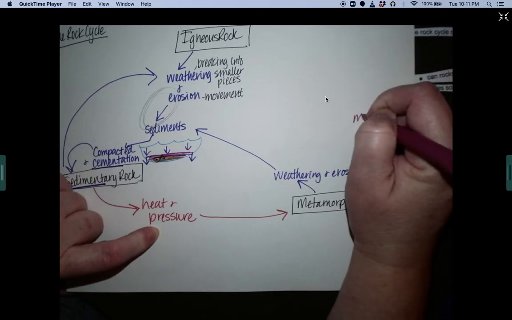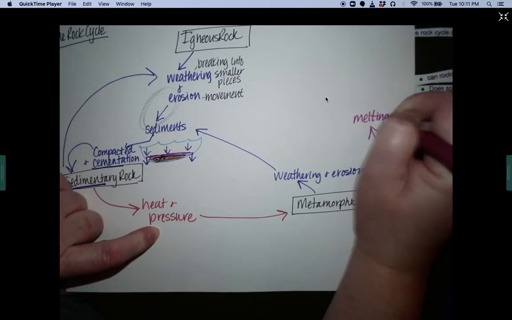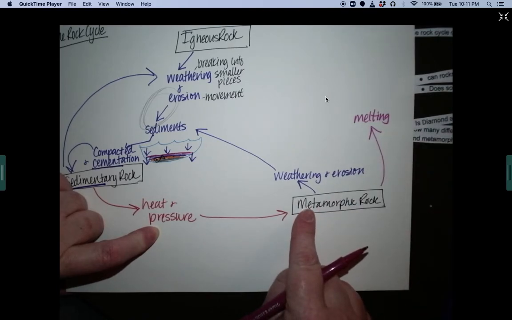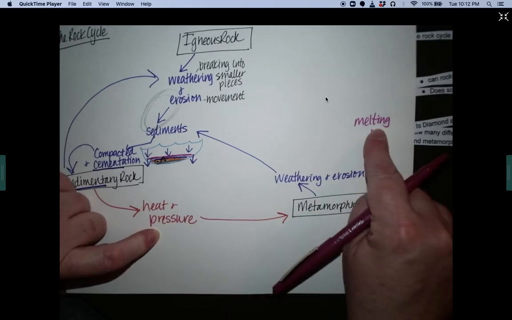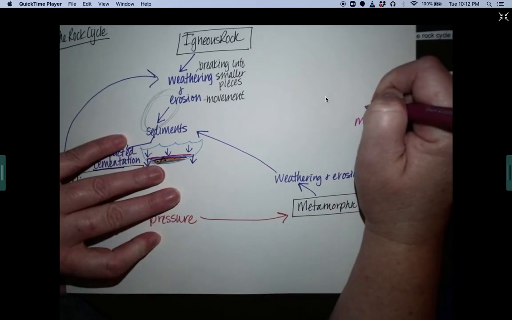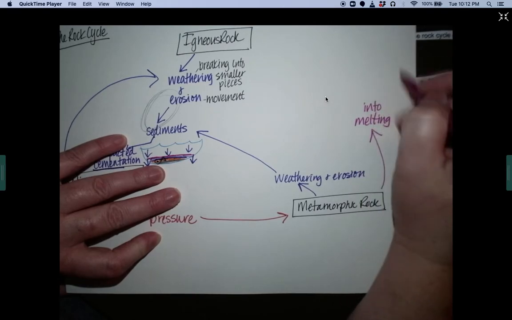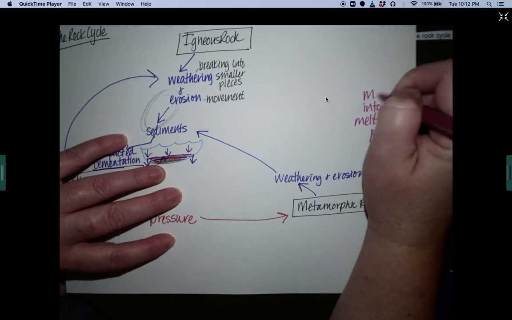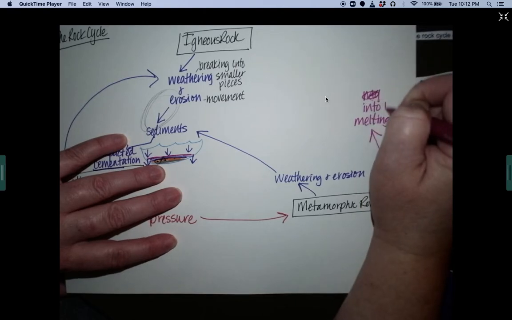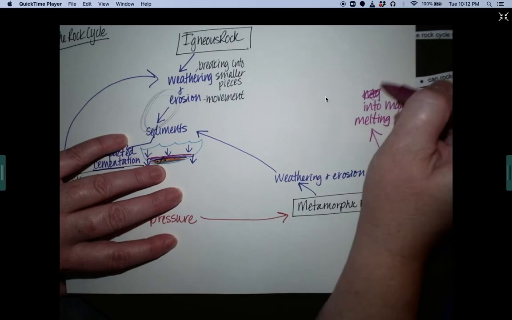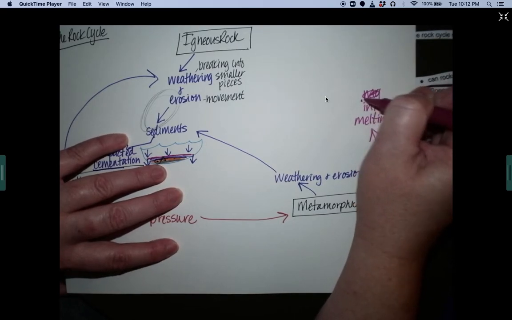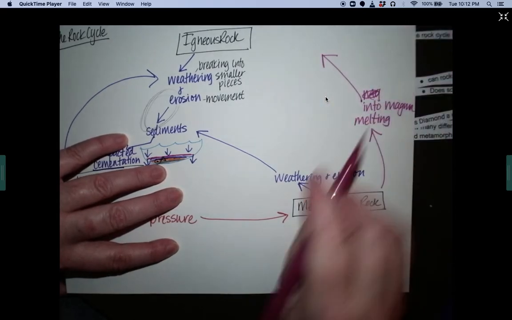But as it gets pushed down, because the tectonic plates move, which we'll get into later, or as more and more stuff gets layered on top of it, it gets pushed closer to the mantle, so it's going to melt into magma. Whoa, I can't spell. Melting into magma. And that magma is going to cool at some point.